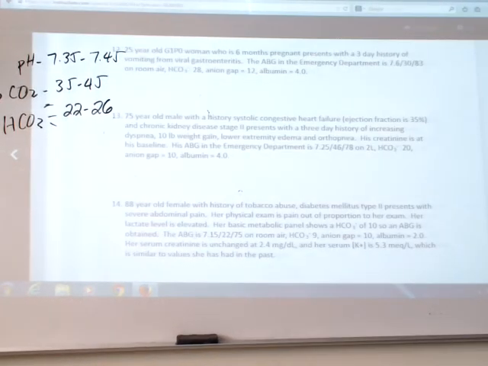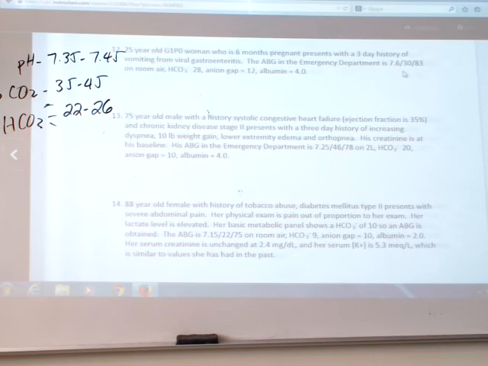Last four. How about this one? Six months pregnant, vomiting. So it's obviously metabolic. 7.6 is alkalosis. Metabolic alkalosis. Compensating, because the carbon dioxide is low.